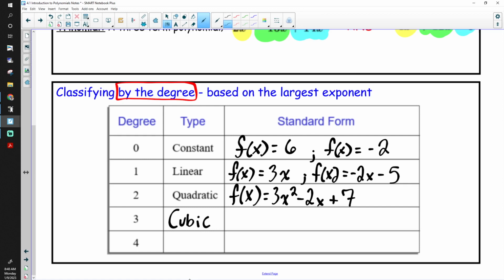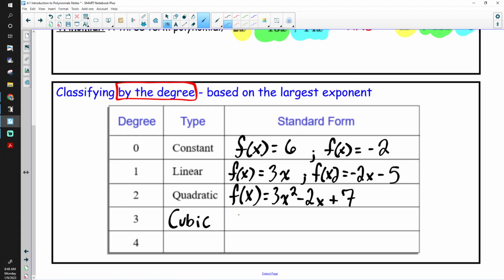A cube has length, width, and height all the same exact length. And the formula for the volume of a cube is side to the third power, which is why we call it a cubic. Because x to the third is the formula for finding the volume of a cube. A cubic function means its largest exponent is 3.